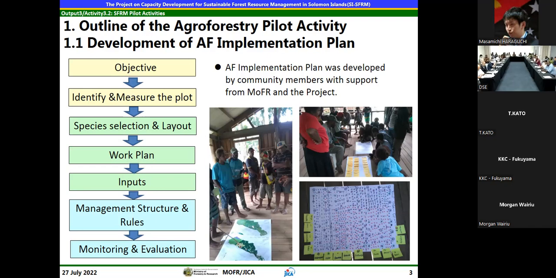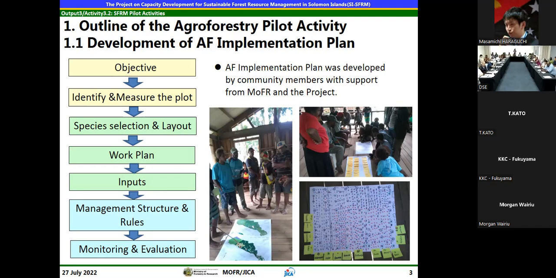Next, they have to measure their own plot because it's their own land and they know very well what's happening in the land. So they have to identify the sites and measure their own plots. Then they select the species and the layout of their plot, and make their work plan.